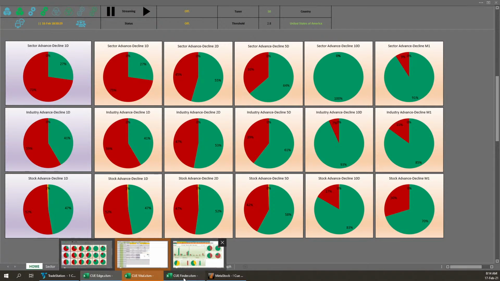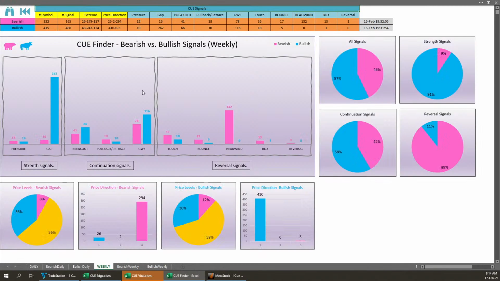What about technical breadth? That shows the balance between bullish and bearish technical signals, first using the weekly picture, and very clearly you can see how the reversal signals are becoming more and more bearish. I have been showing this over several weeks now and pointing to the fact that the reversal signals have been more bearish for several webinars now, though overall all signals are bullish.